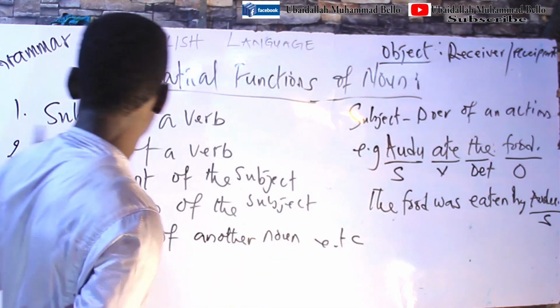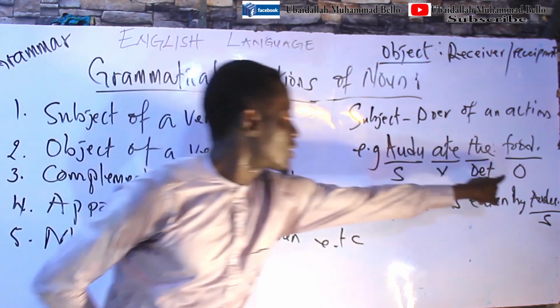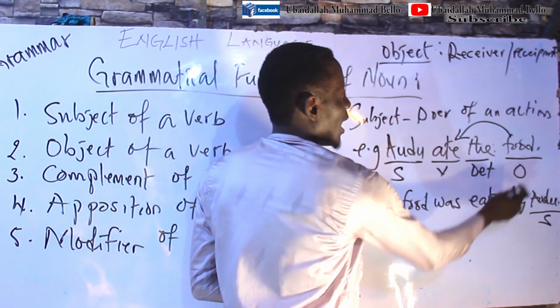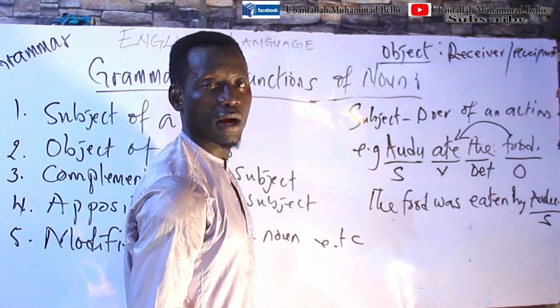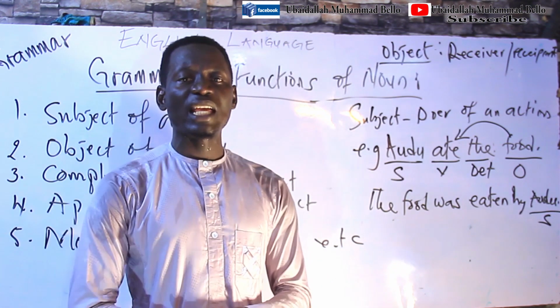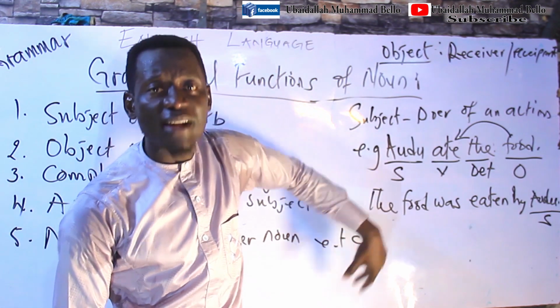So back to this number 2 still, we say object of a verb. Food here is receiving the action, and it is a noun. So it is the object of the verb. Even if it is swapped, like I have already explained, this is active voice and this is passive voice.